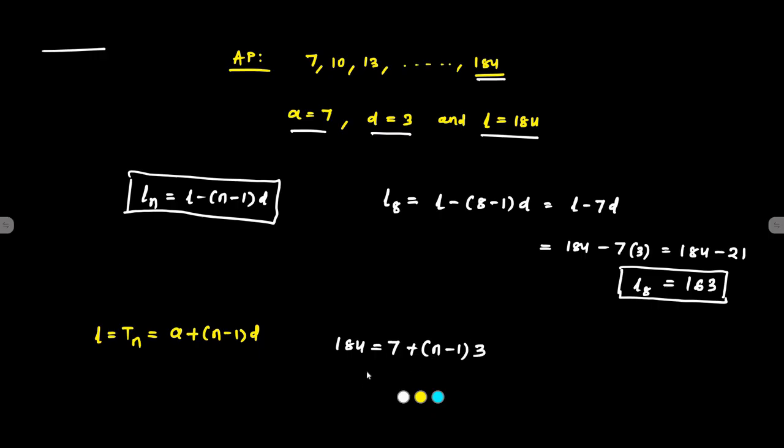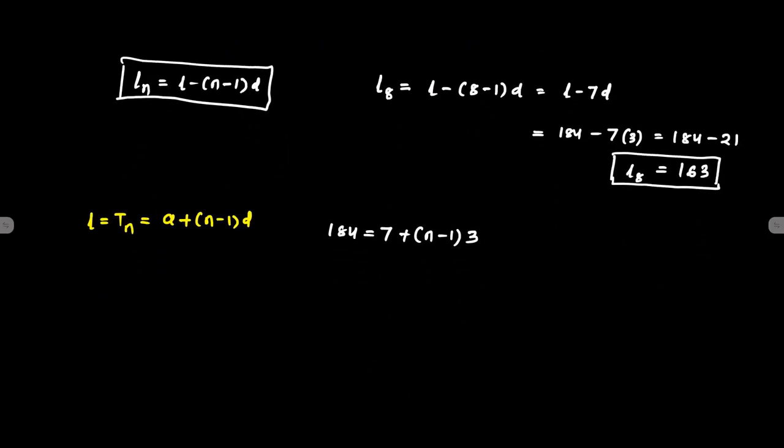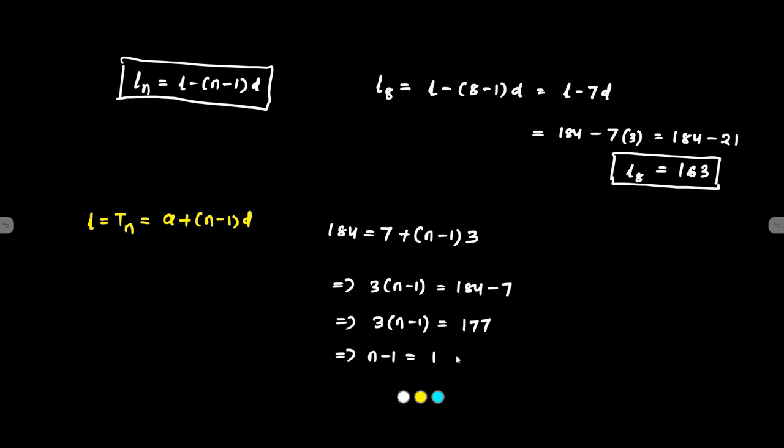We have to find n here. So that implies 3 into (n minus 1) is equal to 184 minus 7. That implies 3 into (n minus 1) is equal to 177. That implies n minus 1 is equal to 177 by 3.